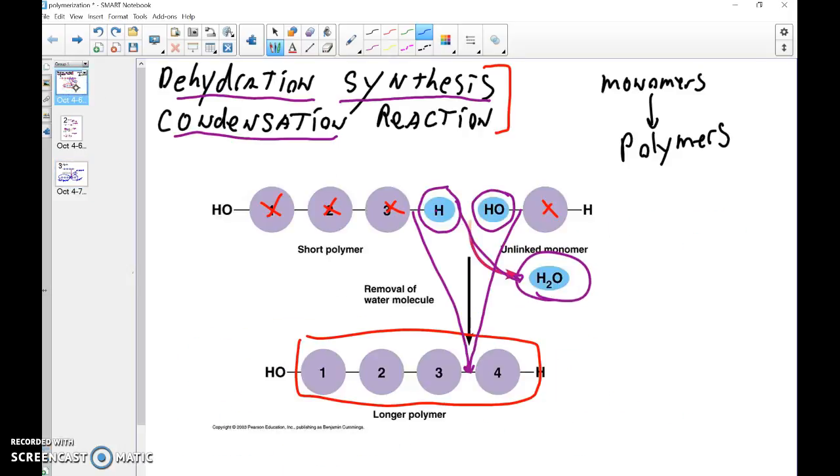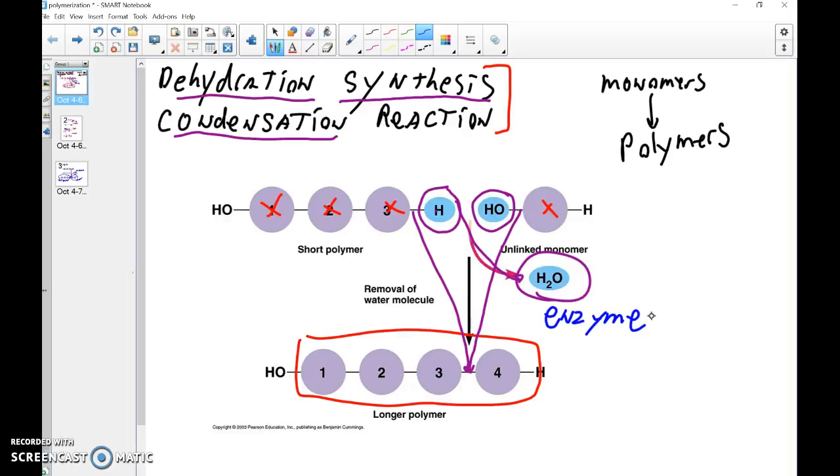And up here, when we are removing this water, water doesn't just come out on its own. You need an enzyme to make this chemical reaction happen. And so that's part of living systems maintaining homeostasis. They create these enzymes so that they can polymerize and depolymerize organic macromolecules as they see fit.